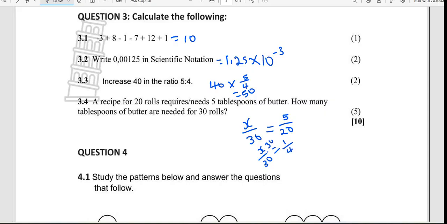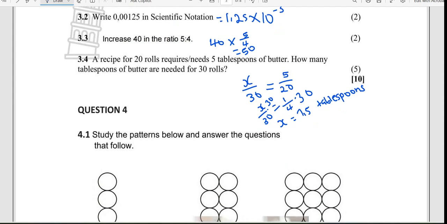Then I'll multiply by 30 on both sides. And therefore my x is going to be 7,5 tablespoons.